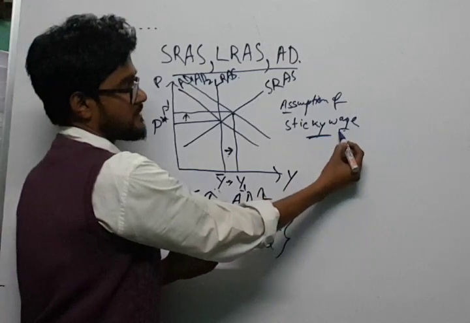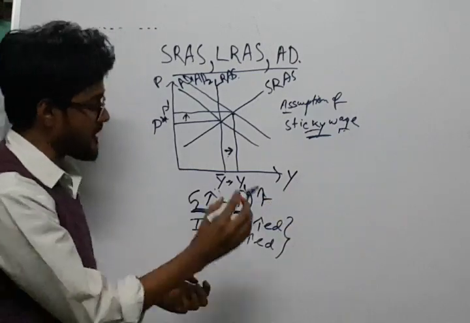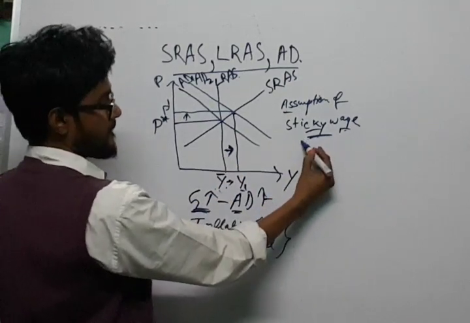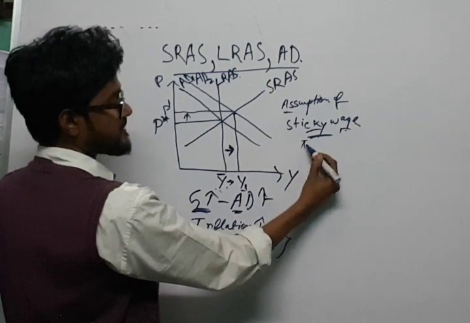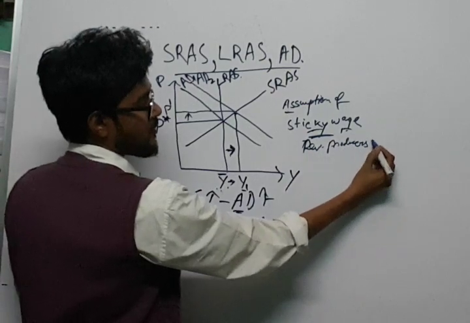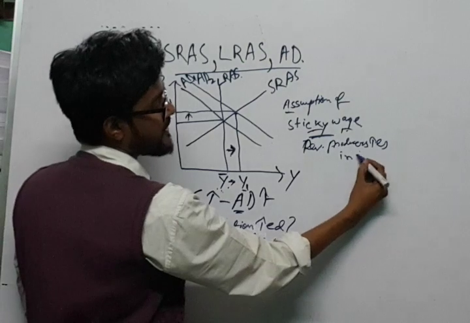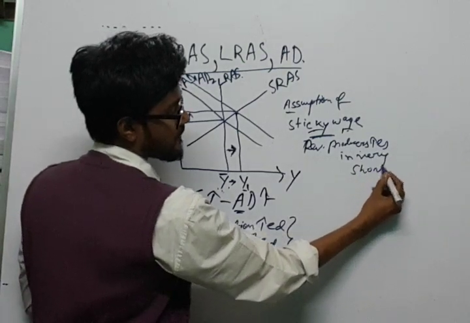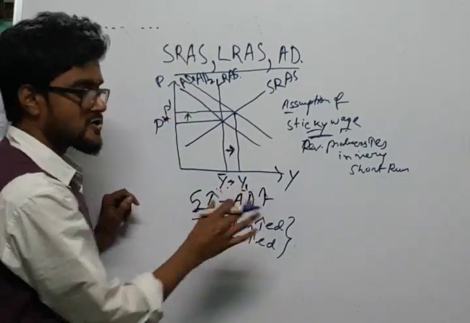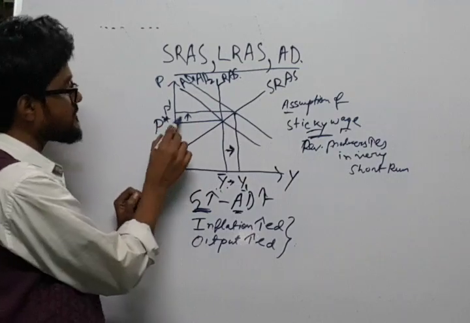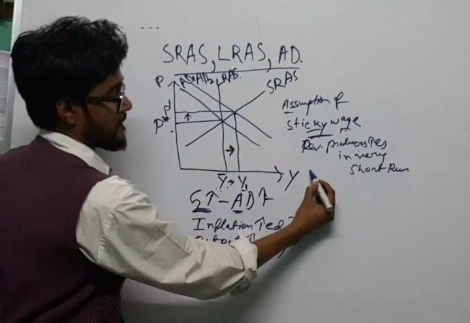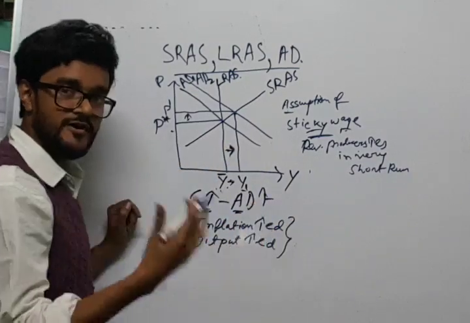So, due to this sticky wage assumption and the increase in output level, the profit or the revenue for producers will increase in the very short run. But after some time, the laborers will take this information about inflation into account, so they will charge higher prices for their labor.